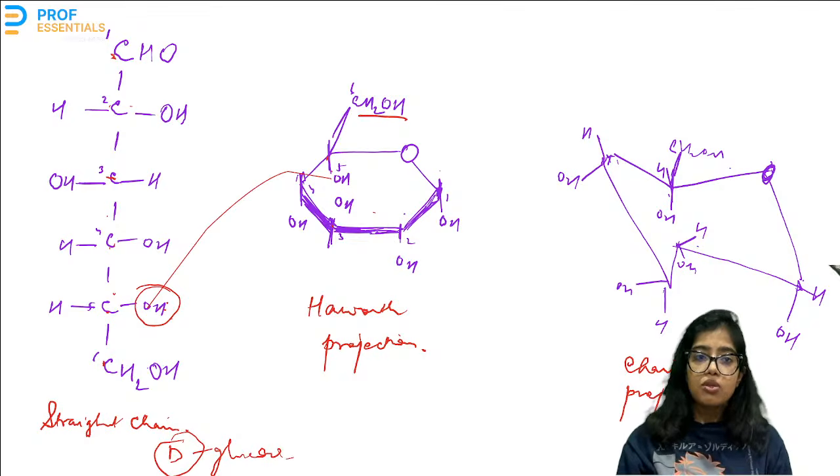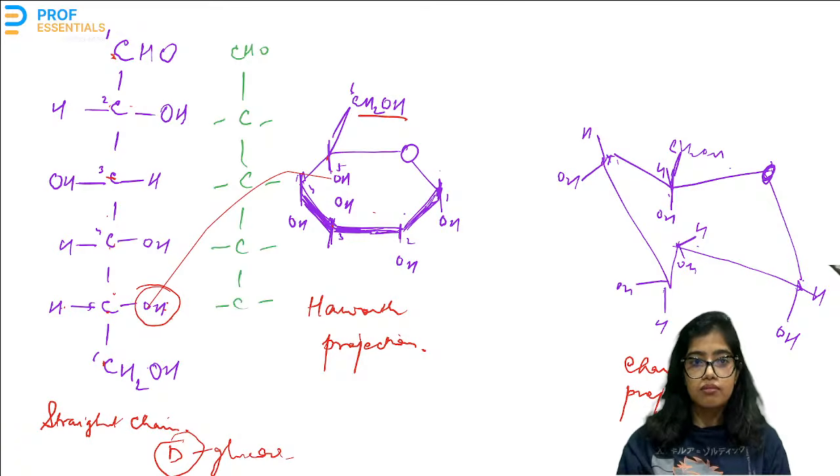And suppose this OH had been on the left side, if this chain would have been like this, now suppose everything here had been on the left side, apart from the third one, because the third one behaves differently, right?